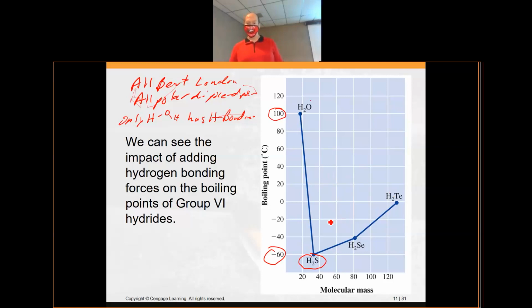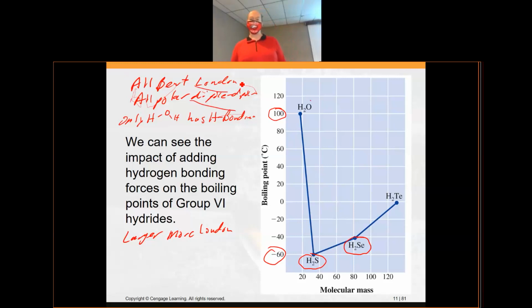Now, when we go to H2Se, it goes up higher. It's to minus 40. And this is because larger has more London. And so your H2S has less London forces than the H2Se. And so that has a higher boiling point because once you get to H2S, H2Se, and H2Te, they all have the same London and dipole.